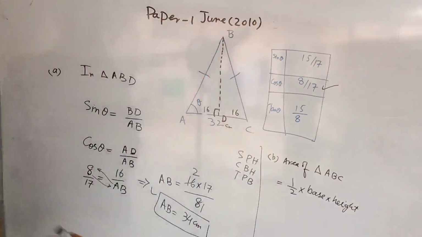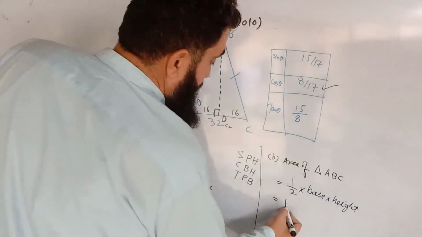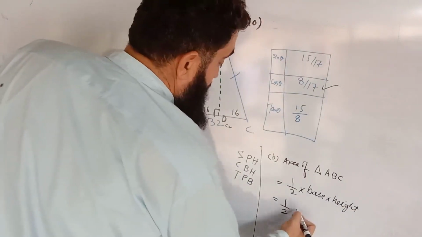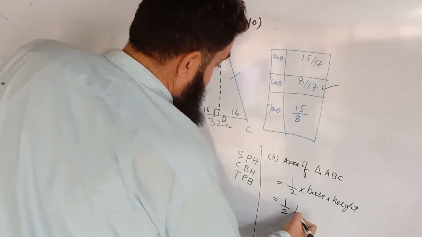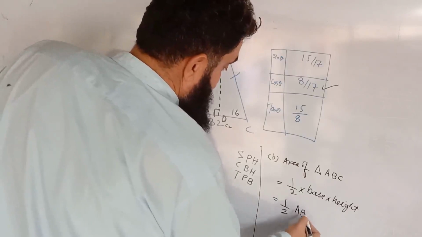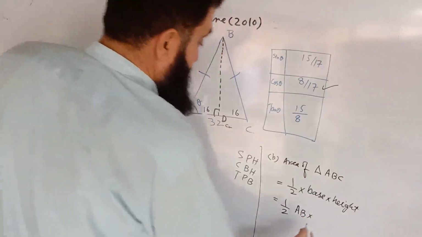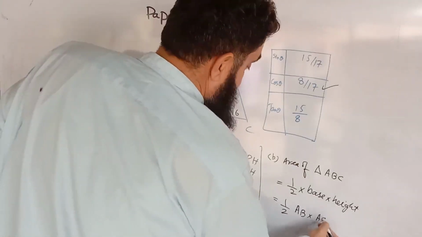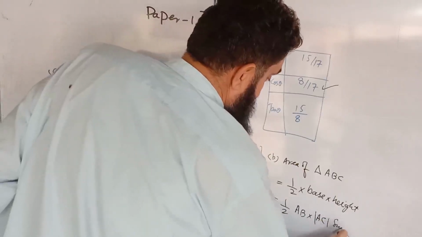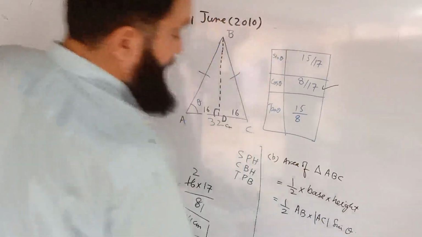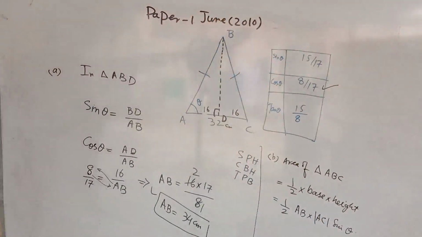Area of triangle is equal to 1/2 AB into AC into sine of theta. This is the formula: any two sides and sine of the included angle. Actually, this formula can be derived from here.